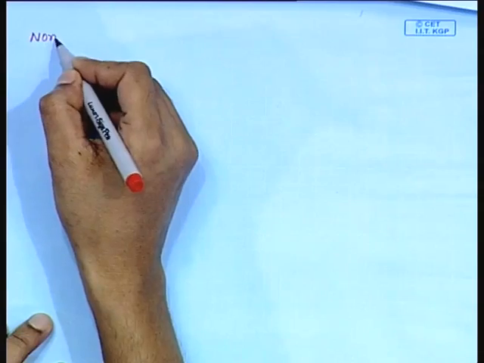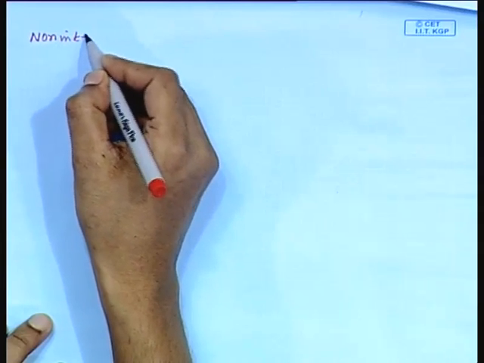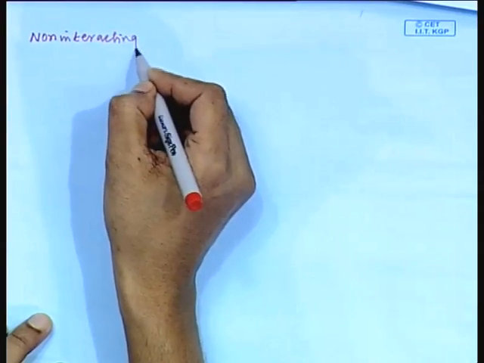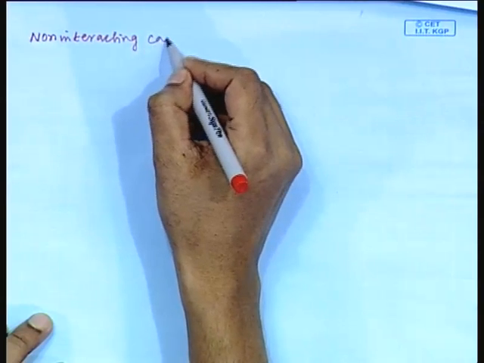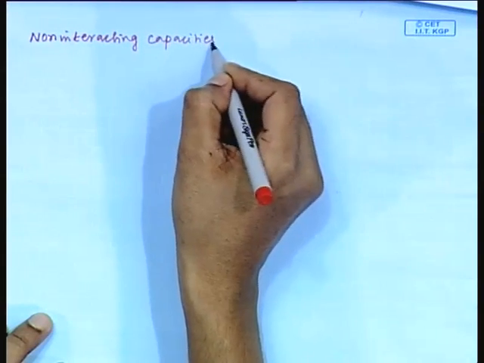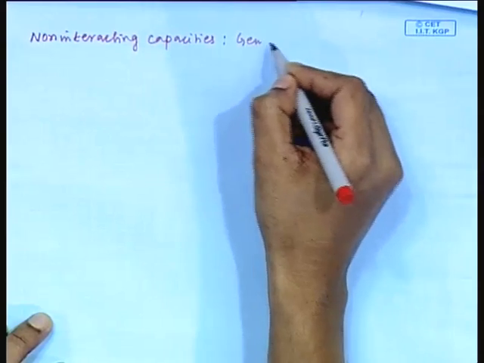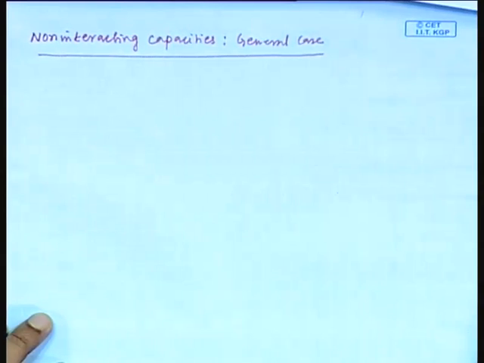Fine. So, now our topic is non-interacting capacities. And we will discuss the general case. Two tanks, or two first order systems, are connected in series. Those two first order systems have the transfer functions of suppose G1 and G2.